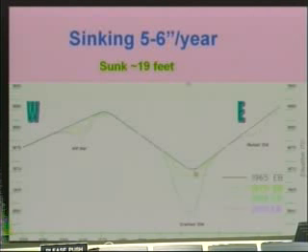Now, along the interstate, this is a drawing showing a profile of how the ground has dropped. The vertical exaggeration is very high to amplify our ability to read the diagram. But what you need to remember is that Interstate 70 right there is sinking 5 to 6 inches a year. And since the last time they went in to try to fix it, it has sunk 19 feet.